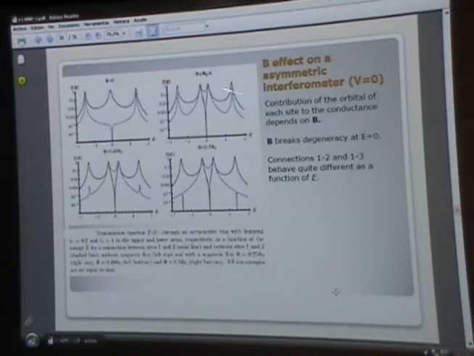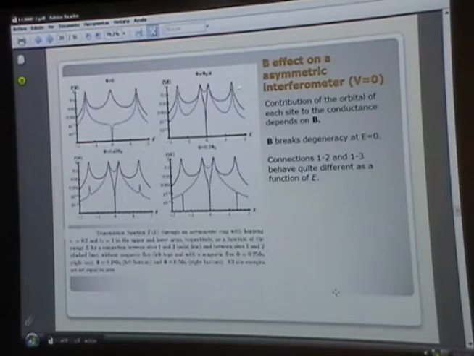While when I apply a magnetic field, this is the flux, a quarter of the quantum of flux, there is an important change in the behavior. For example, for the solid line, the 1-3 connection, at zero energy there were two overlapped peaks, a degeneracy. Now the magnetic field breaks such a degeneracy.